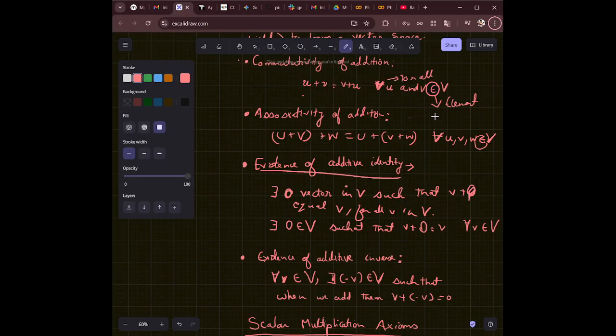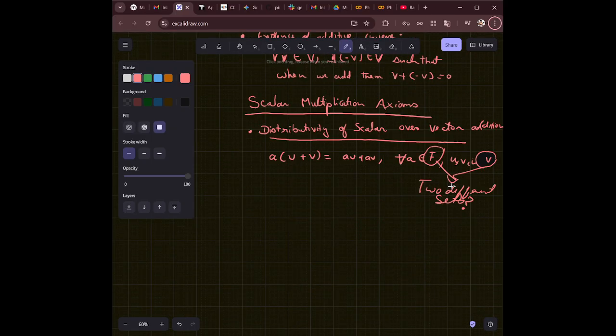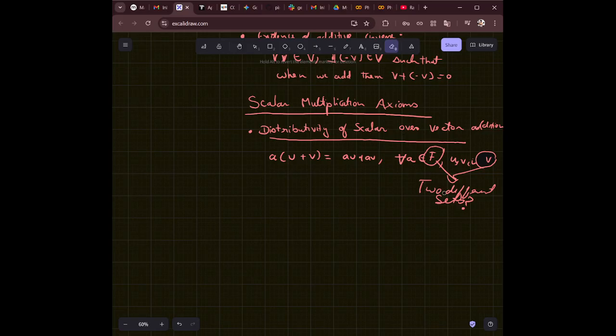So there we were doing the addition, so we just needed that vector set. Here we need a scalar as well, and therefore F is the set of scalars, and these scalars can only come from fields, not from non-fields. Okay, so this must be clear. It is clear to me.